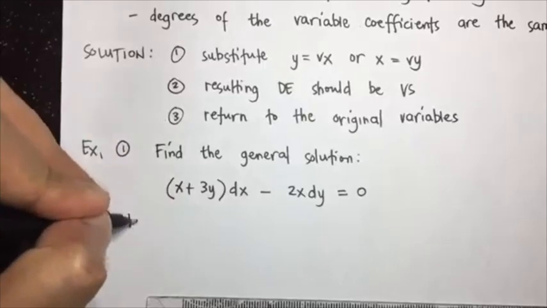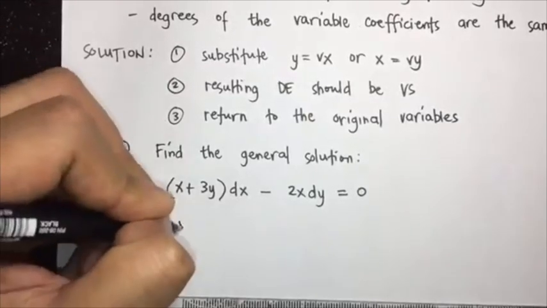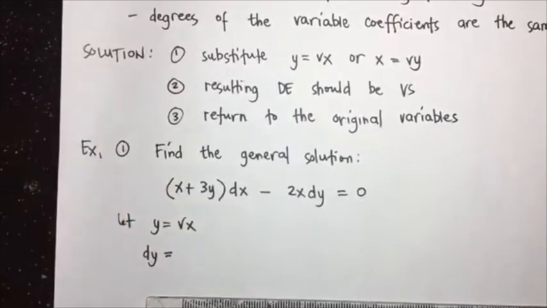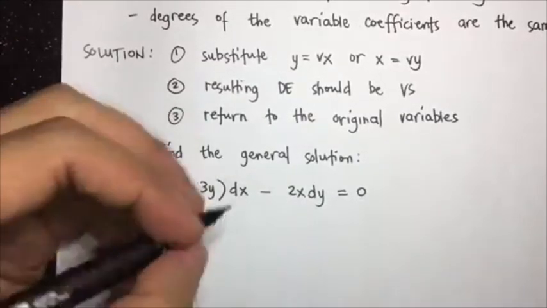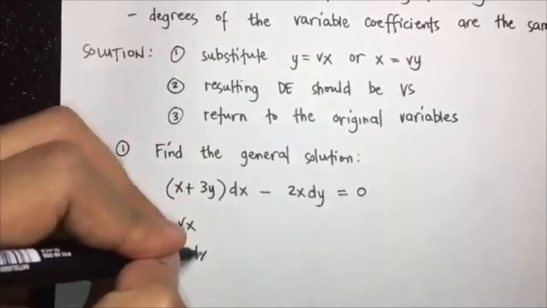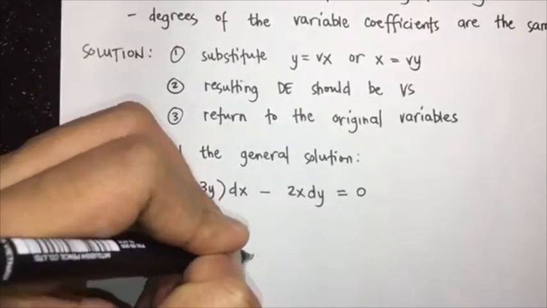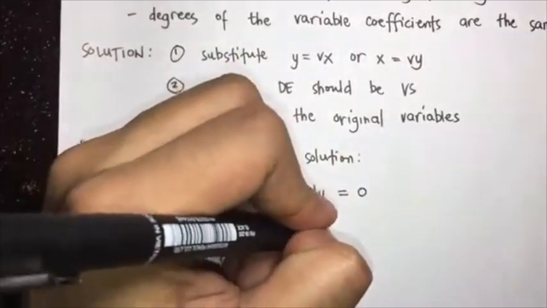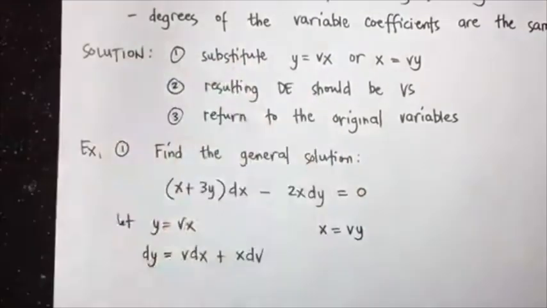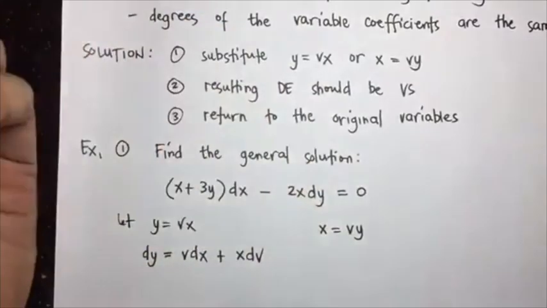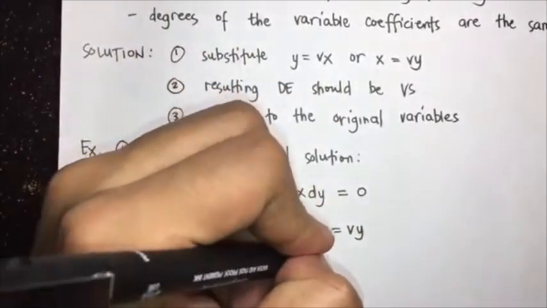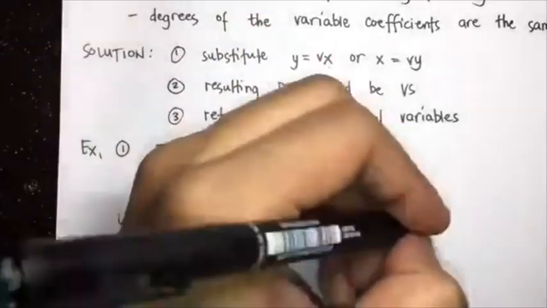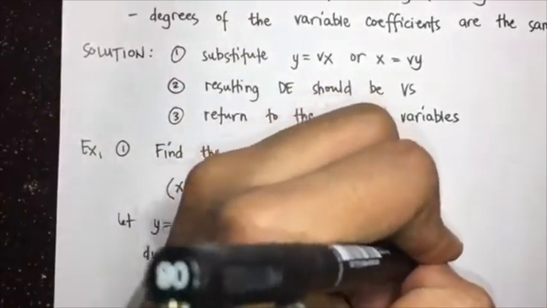If we let y equal vx, then dy using the product rule will become v dx plus x dv. And if we let x equal vy, then dx equals v dy plus y dv.